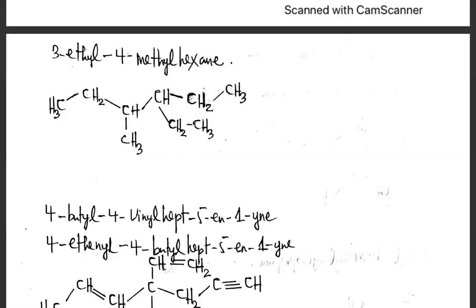Then if you look, the bondings are respected. Always you are supposed to respect the carbon bonding, that is 4 bonds. So for this one, we have 1, this one here 1, we have the second one 2, we have the third one 3, and we have the fourth one that is between the carbon and the hydrogen.